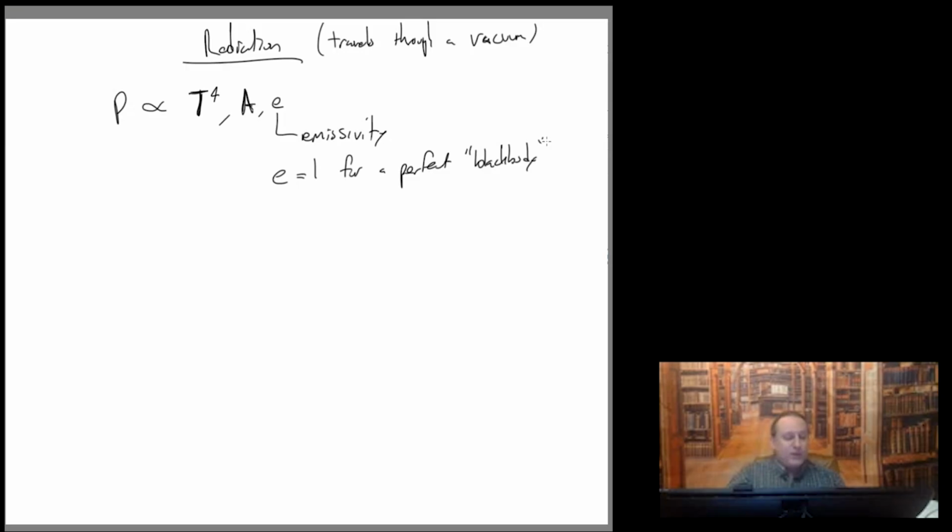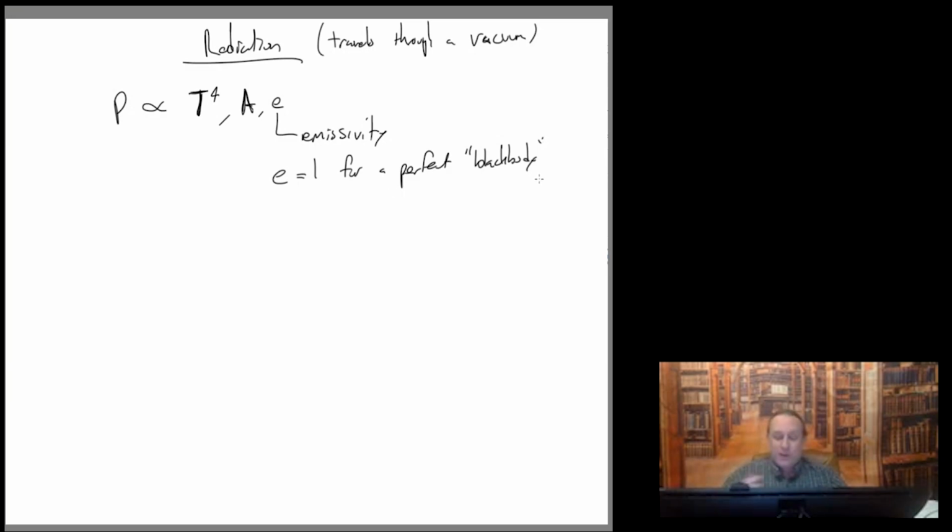Carbon is very good in certain forms at absorbing light, and therefore, when it gets hot, it's also very good at emitting light. It's counterintuitive for us because we think of something with a black color as being dark, and we wouldn't think it's a good emitter, but actually it's a better emitter because it's a better absorber.